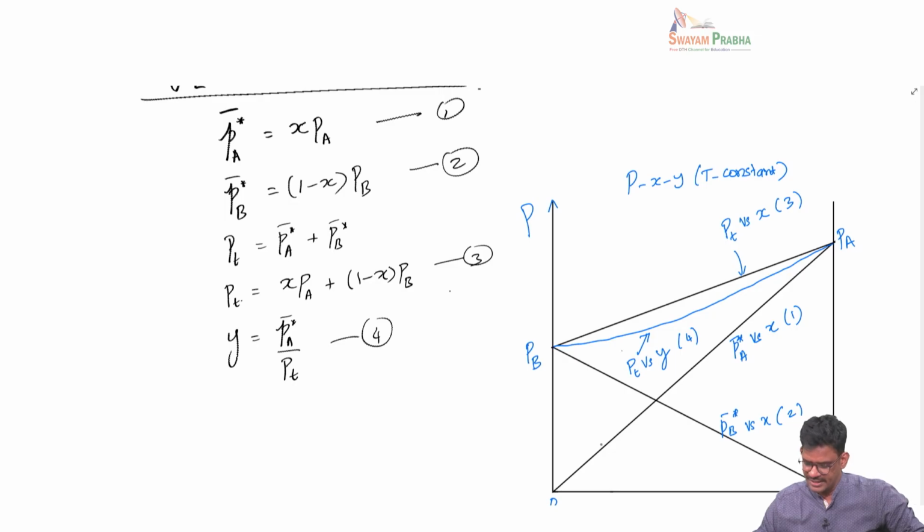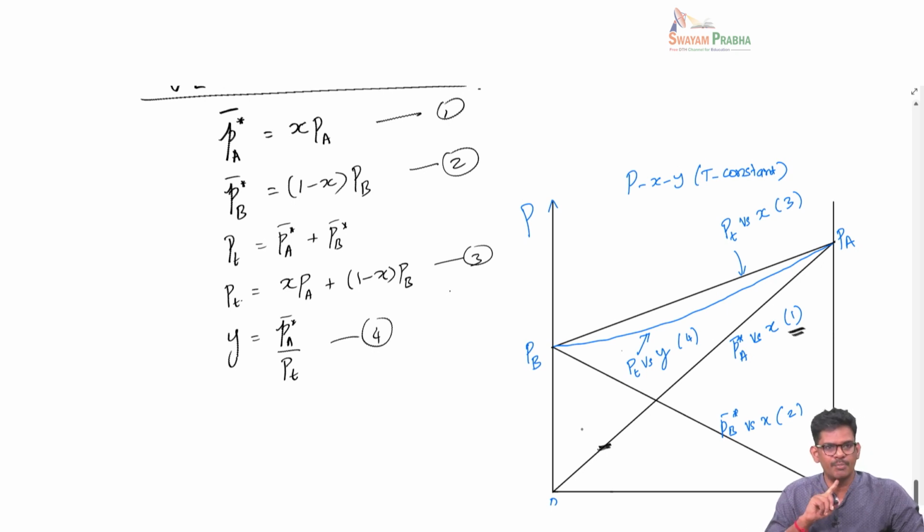You see this particular line here, this line is a straight line corresponding to equation 1, right? It says that as a function of x, the equilibrium partial pressure of A will be linearly dependent on the mole fraction, and the slope is determined by the vapor pressure. So this equation 1 is plotted as a straight line here.